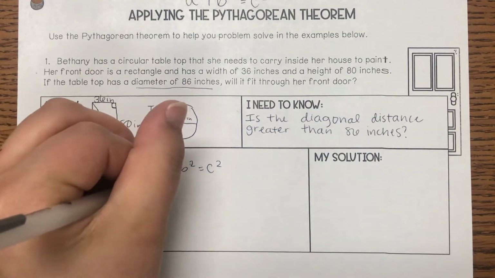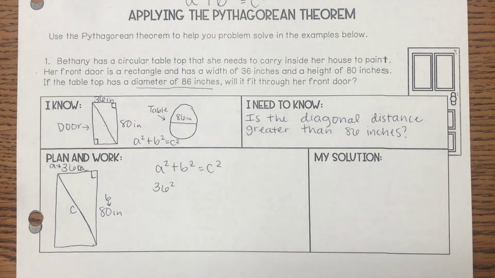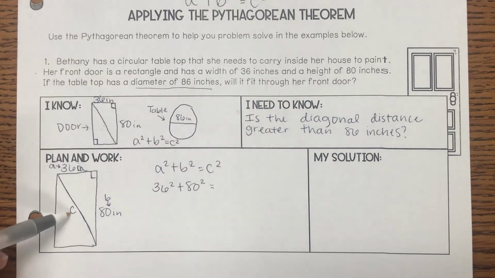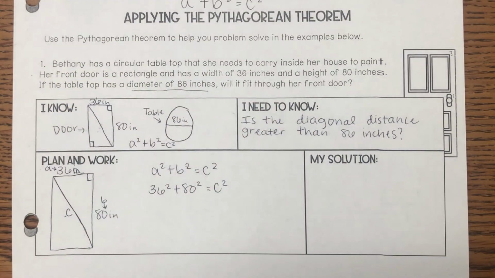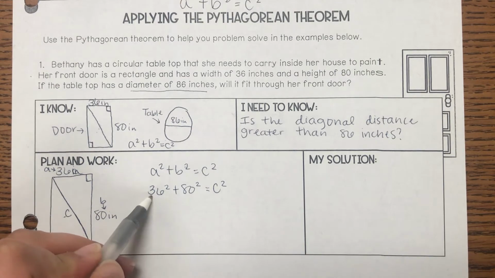A is 36, so I have 36 squared, plus b squared, my b is 80, so I have 80 squared, equals, I don't know the value for c, so I'm just going to leave it c squared on that side. Now I can go ahead and figure out what 36 squared is.